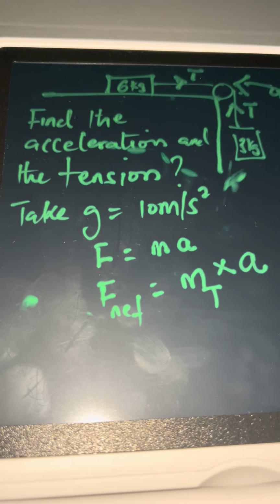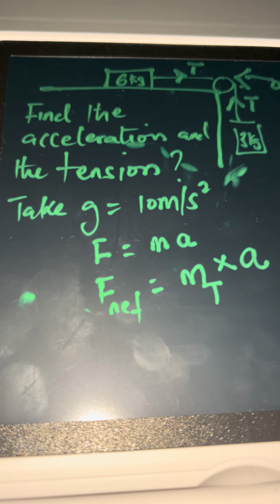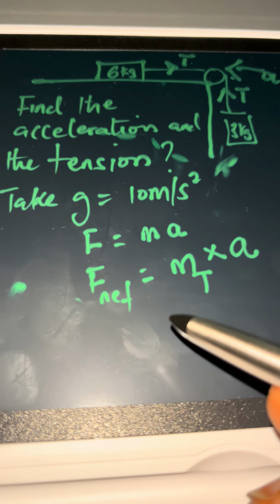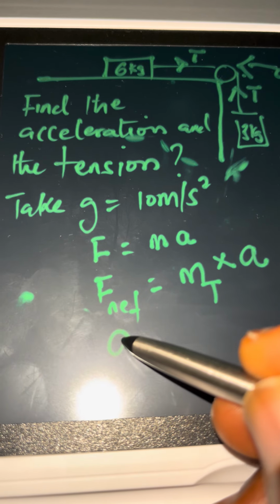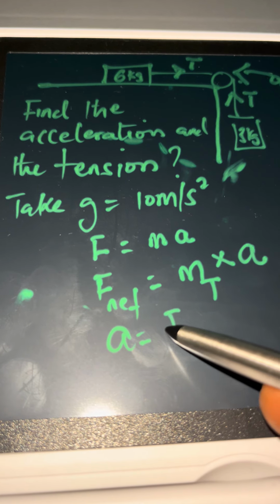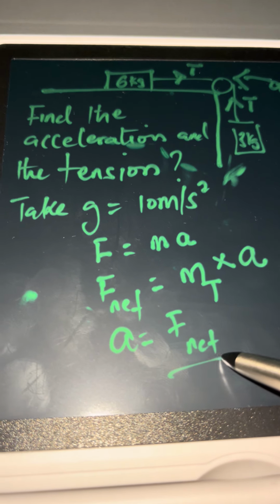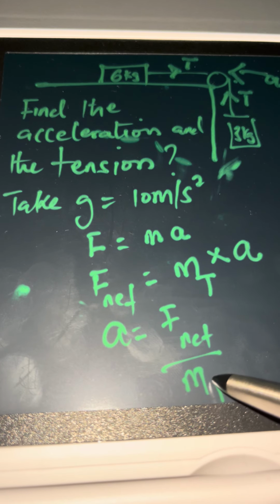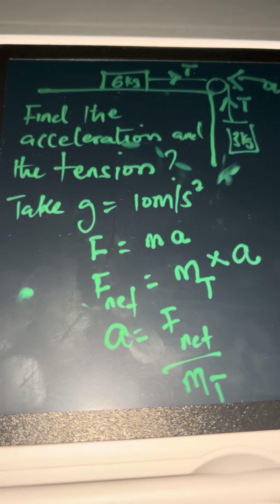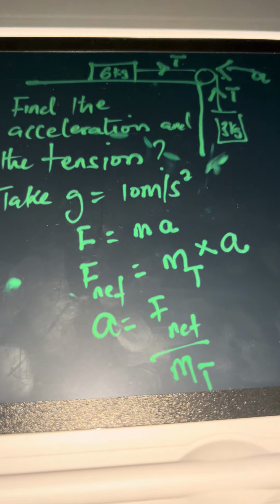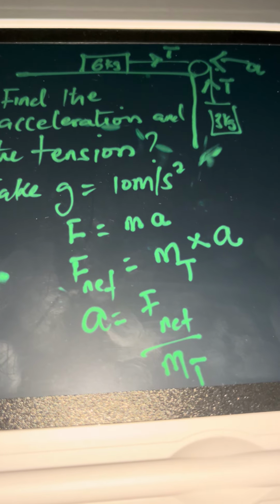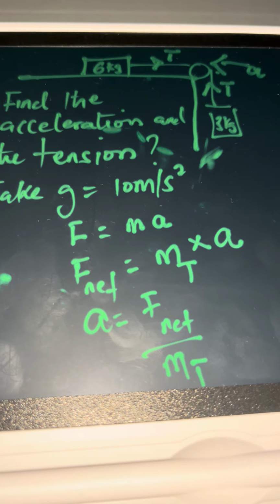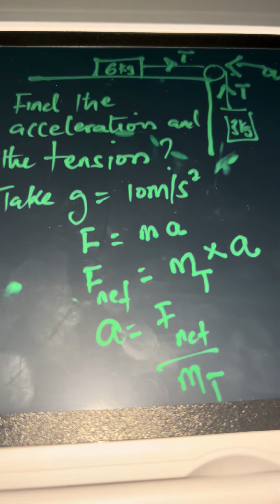Having solved that, let us look at how we find our acceleration. Acceleration will now be net force over total mass. Now, how do we find our net force? Net force is the weight force on each of the objects. What do I mean by weight force?